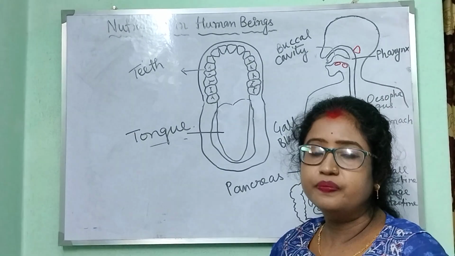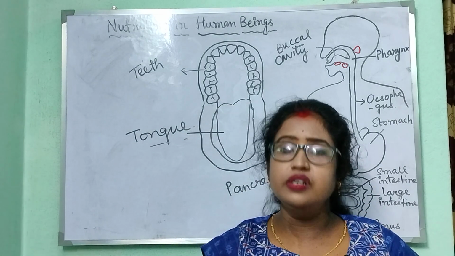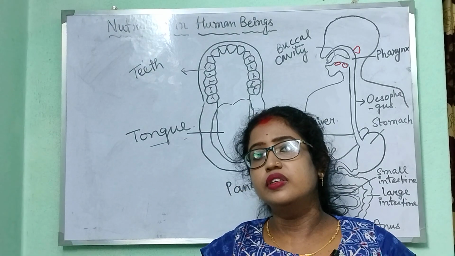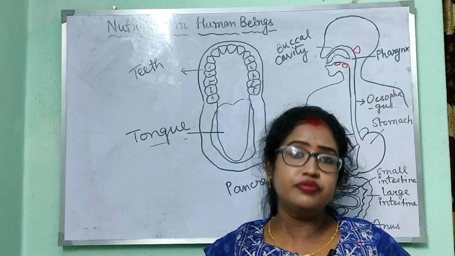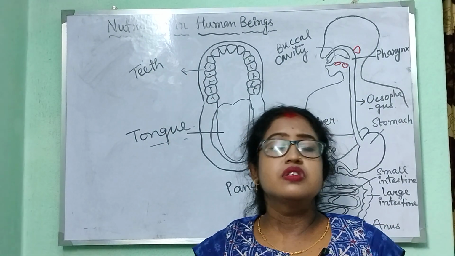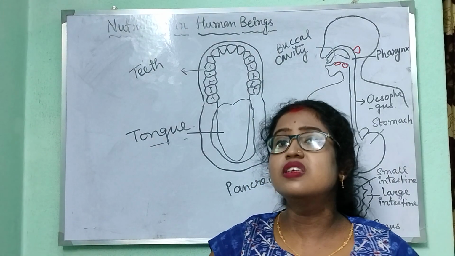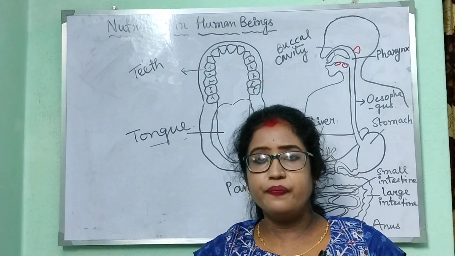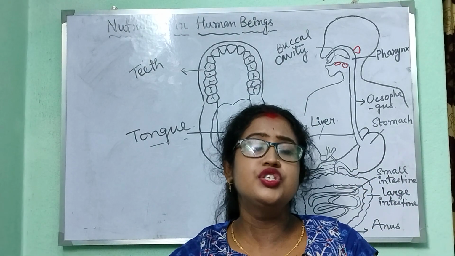Firstly, the tongue. The tongue is a muscular structure. It helps to engulf the food, and it also helps in the chewing of food done by the teeth. It helps in mixing the chewed food with the salivary juice and helps in swallowing the chewed food.